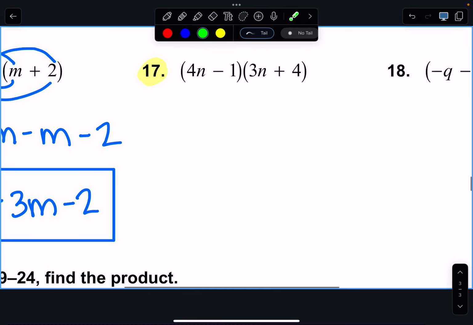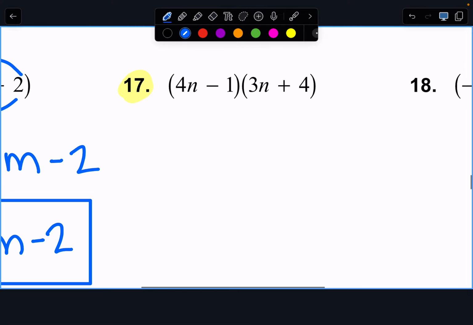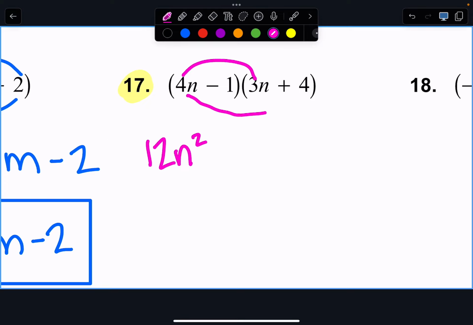Number 17 is interesting because both binomials have a leading coefficient, so we just need to be careful when we multiply. When we do our first product, what are we going to get? 12n squared. Our outside product is going to be a plus 16n.